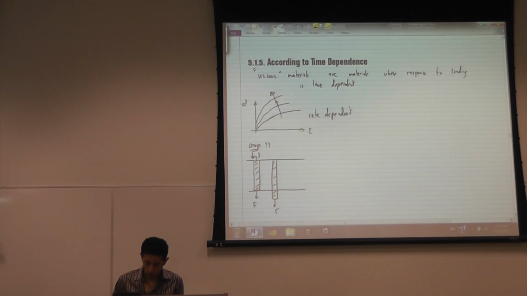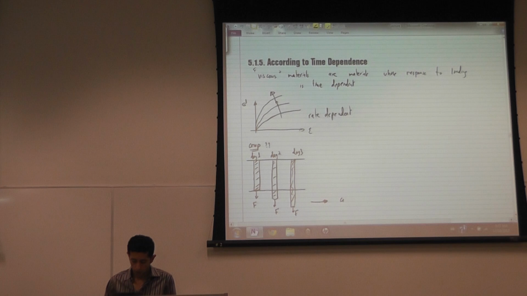The bar is longer, and then on day 3 the bar is even longer. This is creep, which is increase in deformation under constant load.